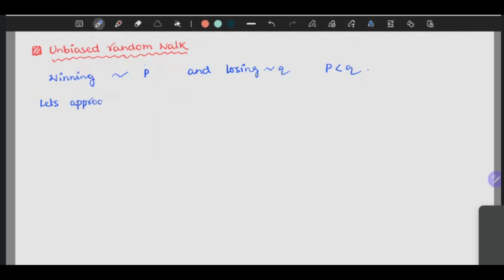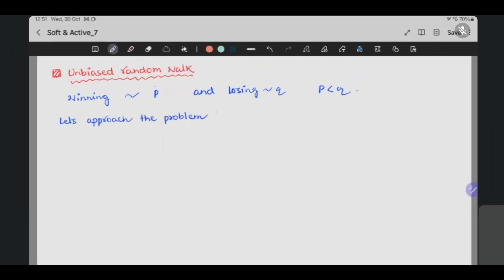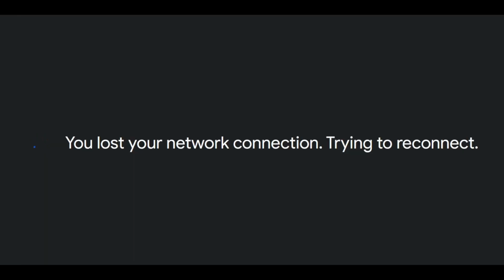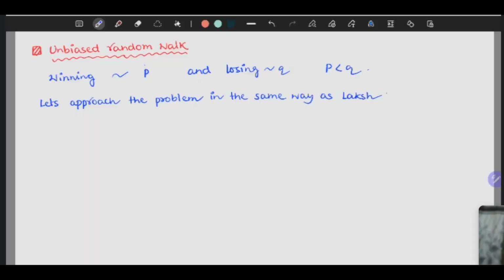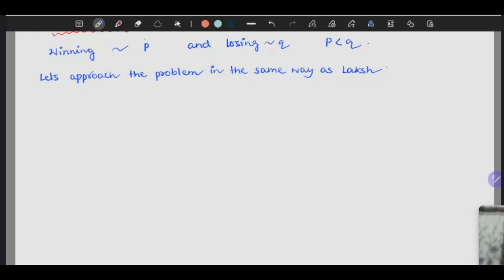We will approach it in the same way as Lux was hopping or roaming in the valley or island.